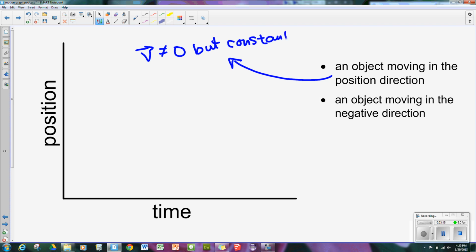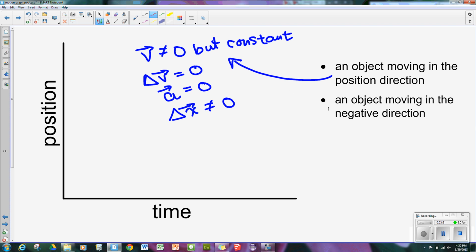So it's not going to change, which means delta V, so change in velocity, will equal 0. Acceleration will equal 0, because the value is constant, but it's not changing. We can also say that the displacement of the object will not equal 0, because the object is moving, so it's going to have some sort of displacement from start to finish if it is moving at a constant positive direction.